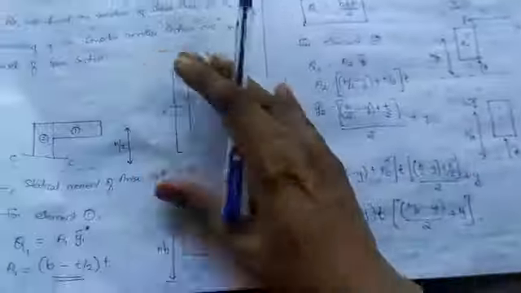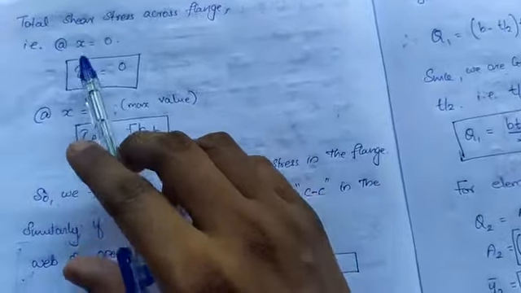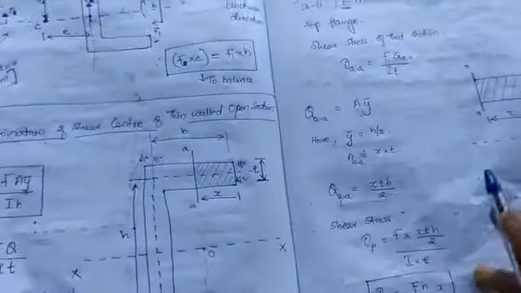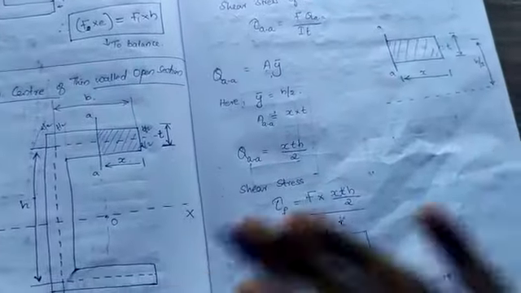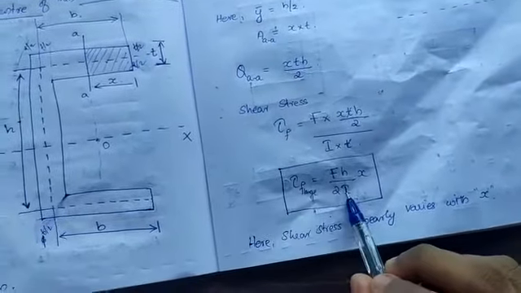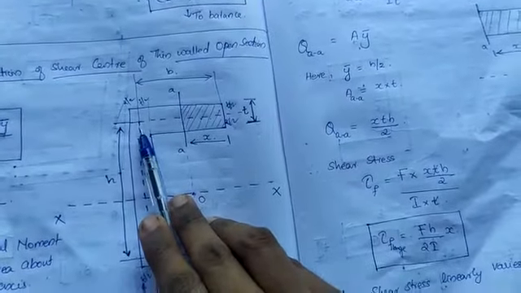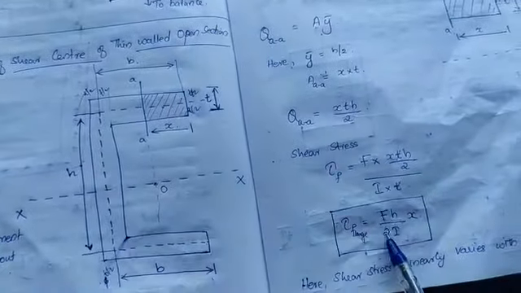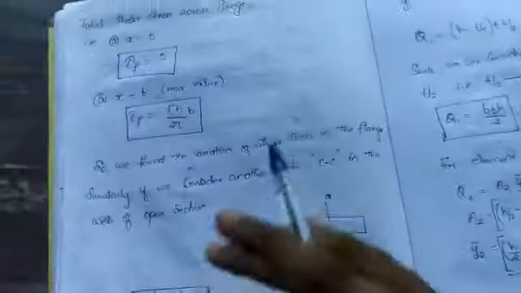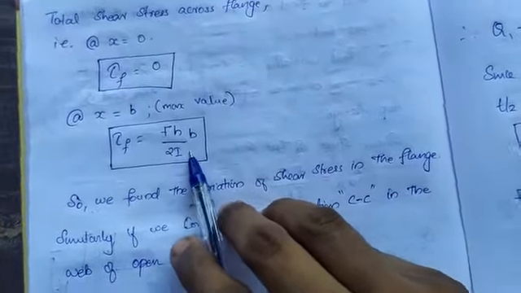Now if you give the limits, if x is equal to 0, that means at this point there is no shear stress, and at x equal to b, it is F h by 2I into b. This is the maximum shear stress on the flange.